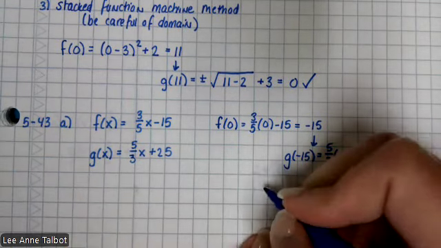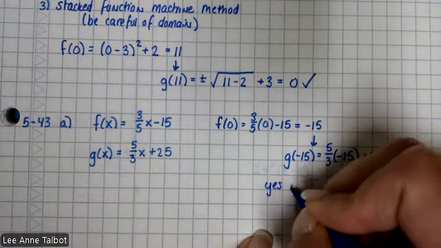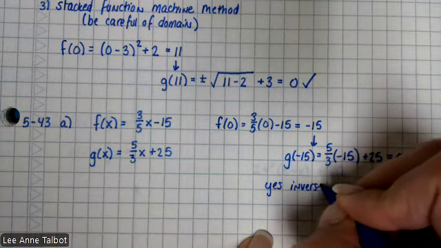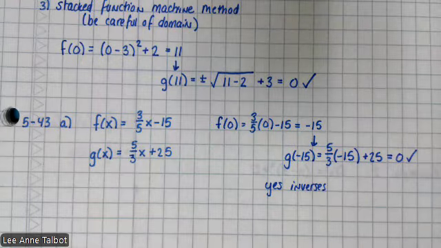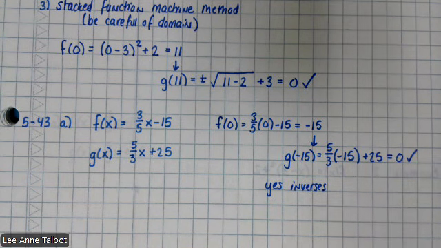So great, your check mark's awesome. There's a yes or no that needs to be answered in the problem. If I got anything other than 0 back out here, it would be no. Yay, we did it.